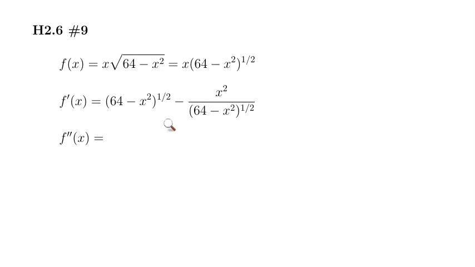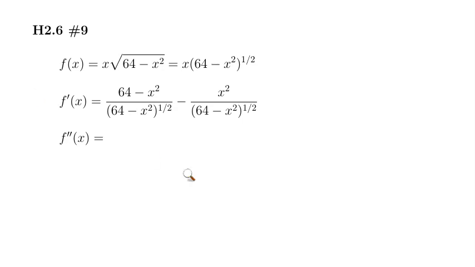Then another thing is I'm going to take the common denominator. We can rewrite this first term as the fraction 64 minus x squared over 64 minus x squared to the 1/2 power.